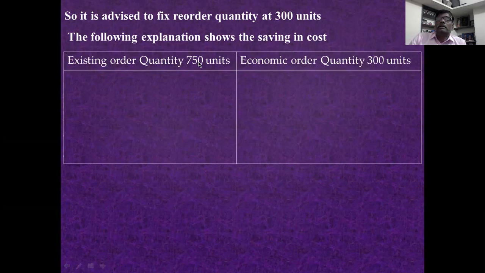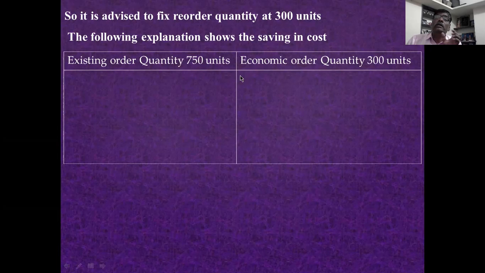Existing order quantity is 750 kg. The present purchasing policy is 750 units per order. But I am instructing them to purchase 300 units per order, instead of 750.